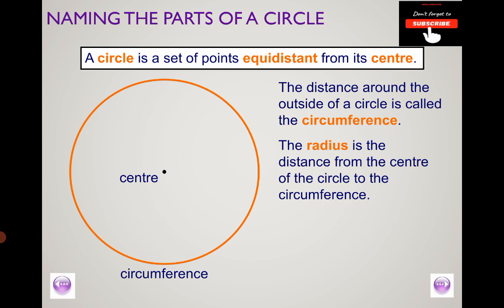If you have more than one radius, then you call them radii. R-A-D-I-I. Okay, but if it's just one, it is called radius. So this distance here is known as the radius. Okay, so far so good. I hope we're together there.